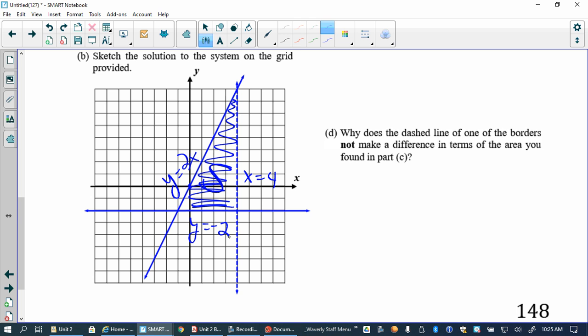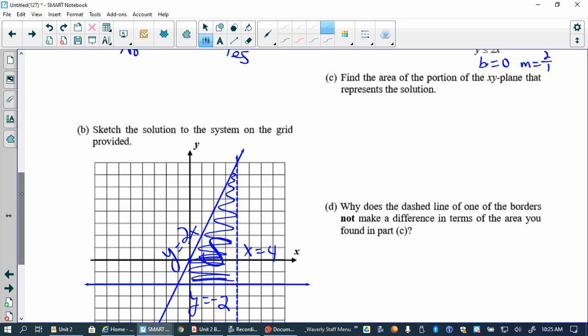So the area of our triangle, what's the base? 1, 2, 3, 4, right? And what's the height? No. The height is 10, isn't it? Wait, the width is 5, isn't it? 1, 2, 3, 4, 5.